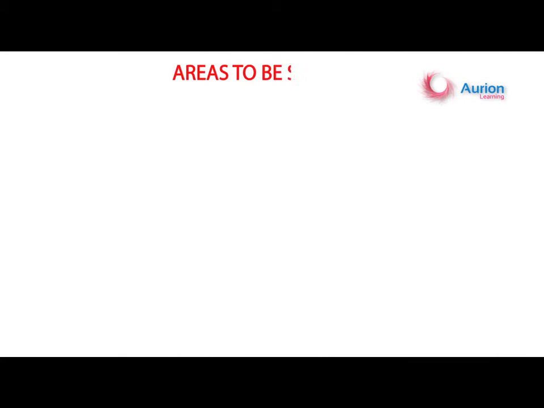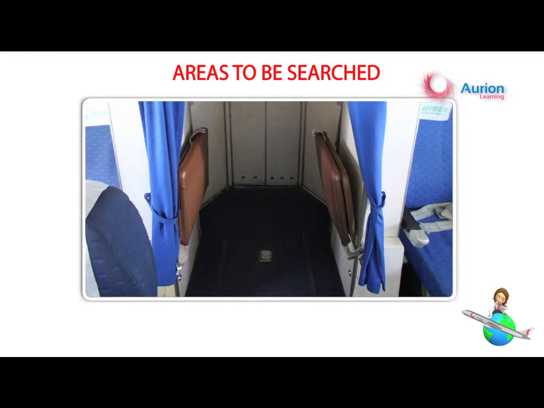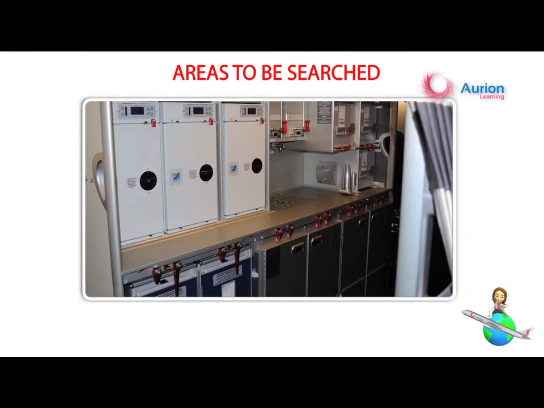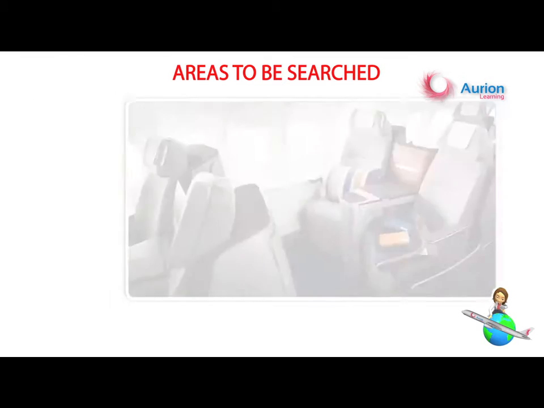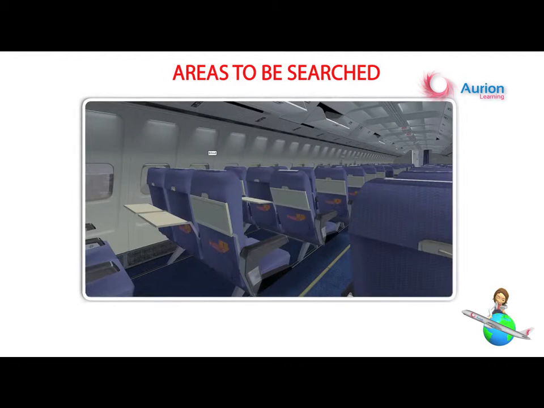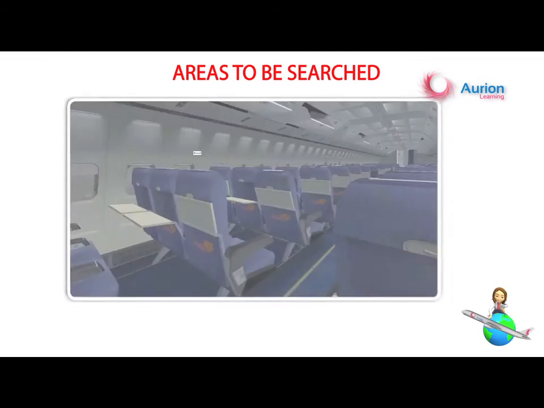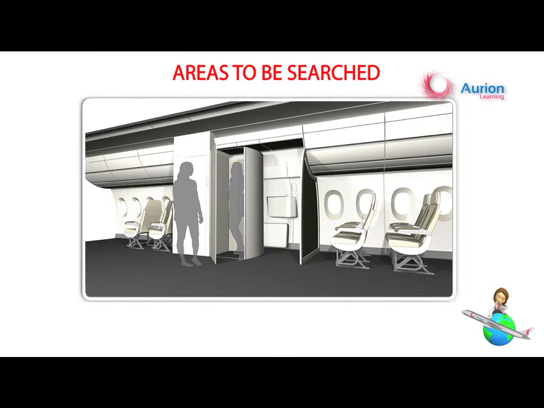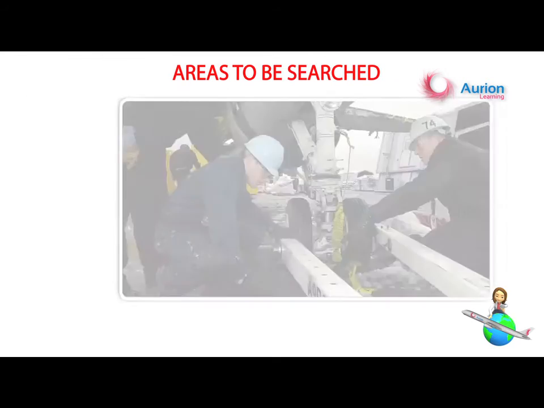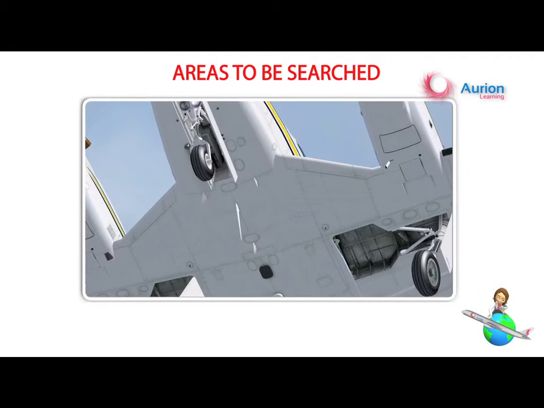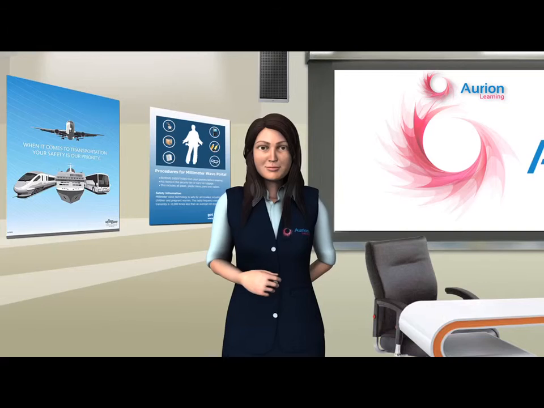The following are the areas that should be searched in an aircraft: crew or jump seats, galleys, toilets, passenger seats, main cabin, any other area as specified in the search checklist based on the aircraft type and interiors. Cockpit, nose wheel, and wheel wells are searched by engineers.